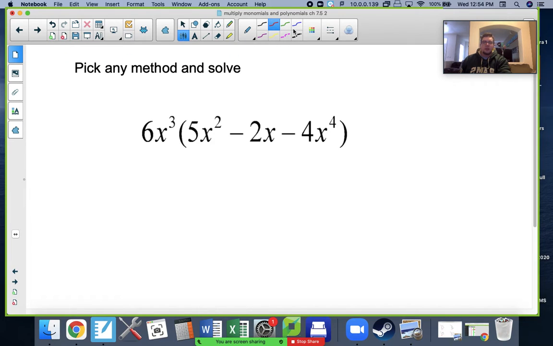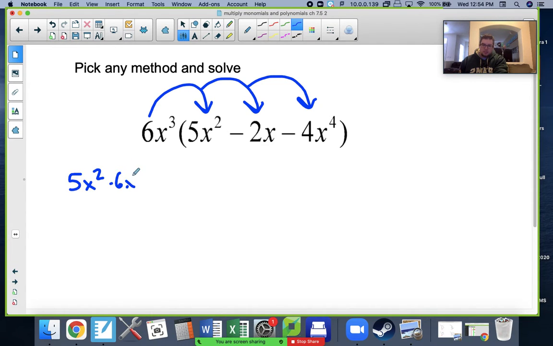So if we pick any method that we want to solve, either way, this 6x cubed is going to multiply all 3 of these terms. So I'm going to have 5x squared times the 6x cubed minus 2x times 6x cubed minus 4x to the fourth times 6x cubed. 5 times 6 is 30.